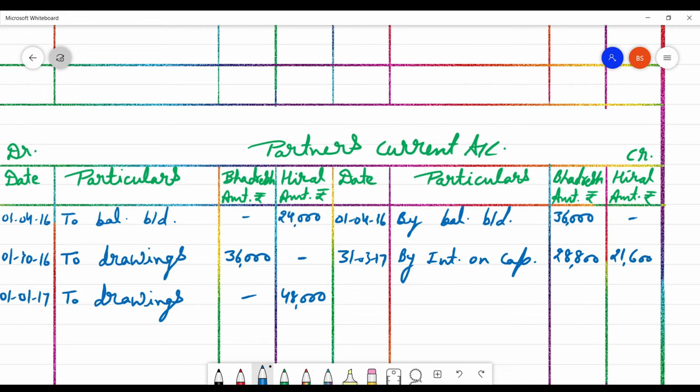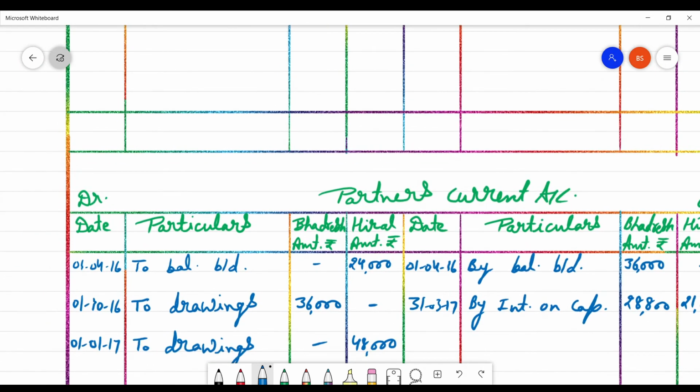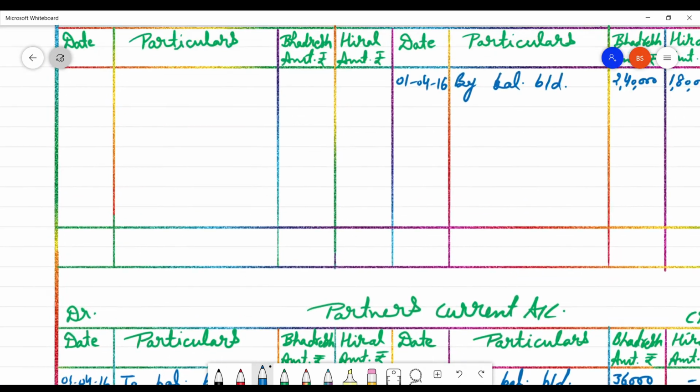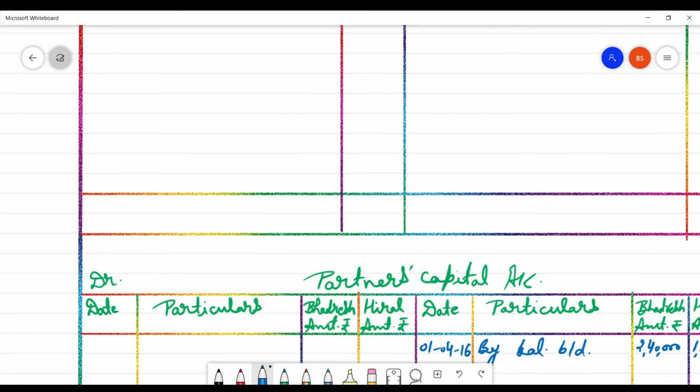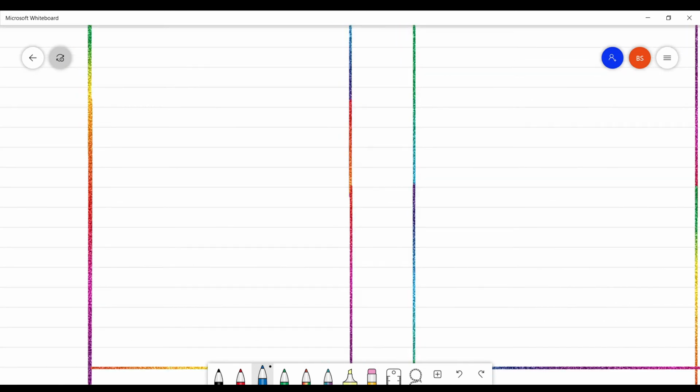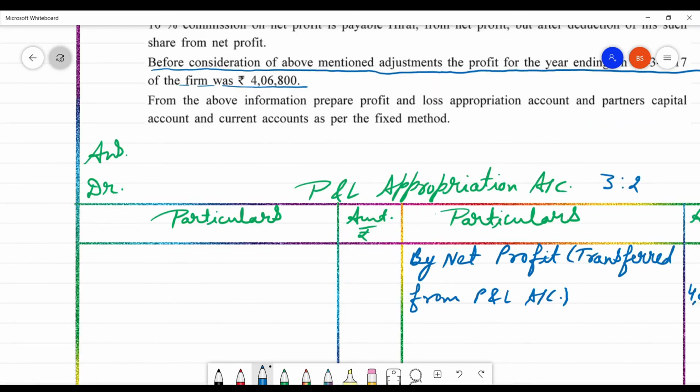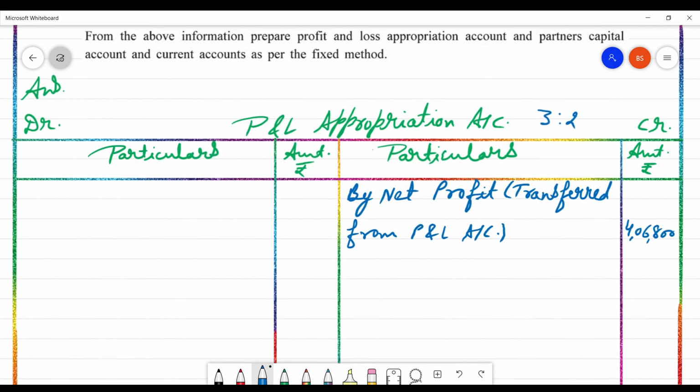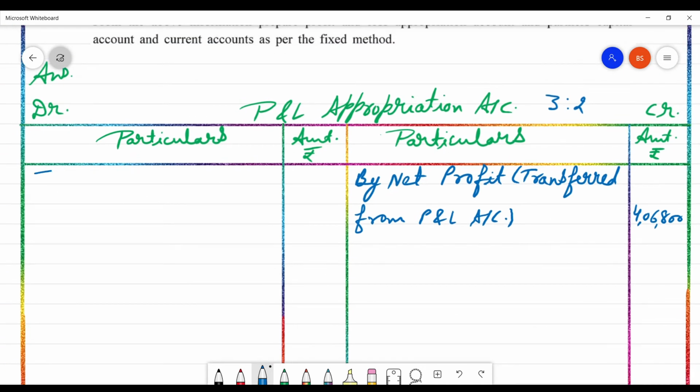You have to use your calculator, and this one's second entry will be posted to the debit side of the P&L appropriation account. We will write here to interest on capital.